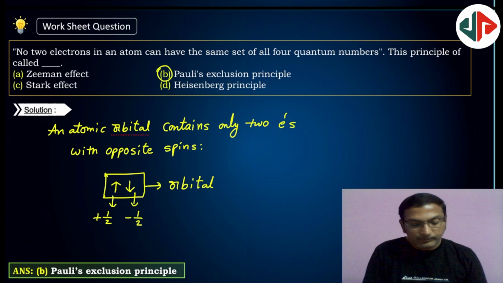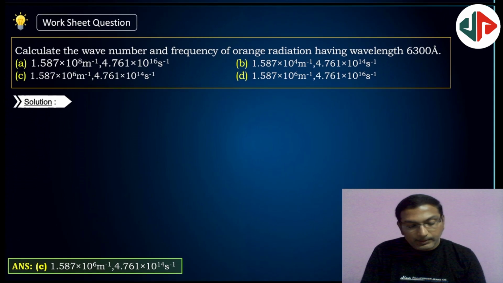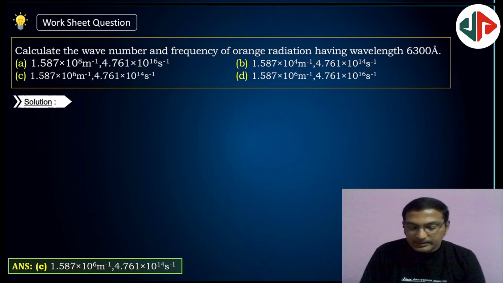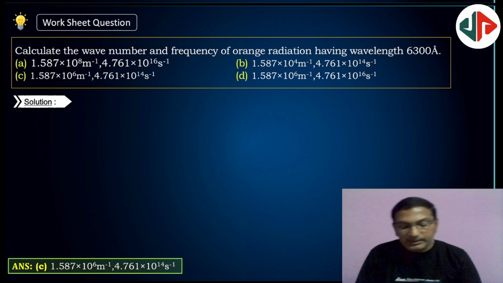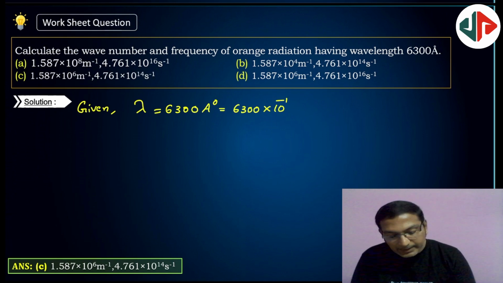Next. Calculate the wave number and frequency of orange radiation having wavelength 6300 angstrom units. So here given wavelength lambda is 6300 angstrom units, that is 6300 into 10 power minus 10 meters.